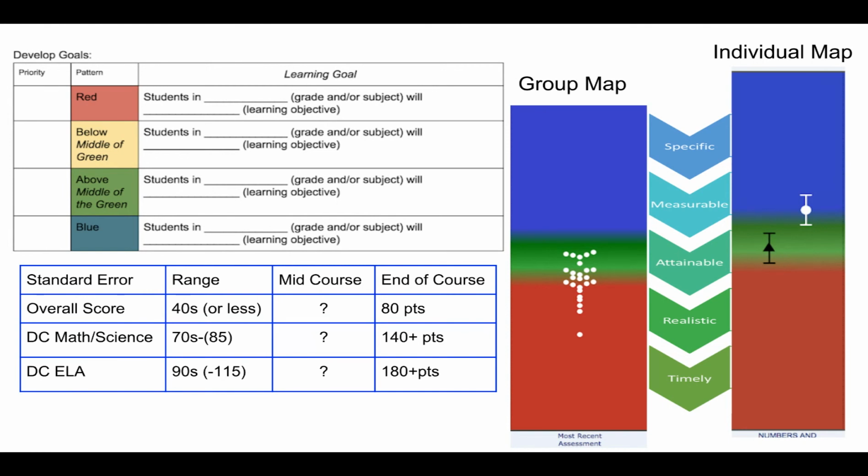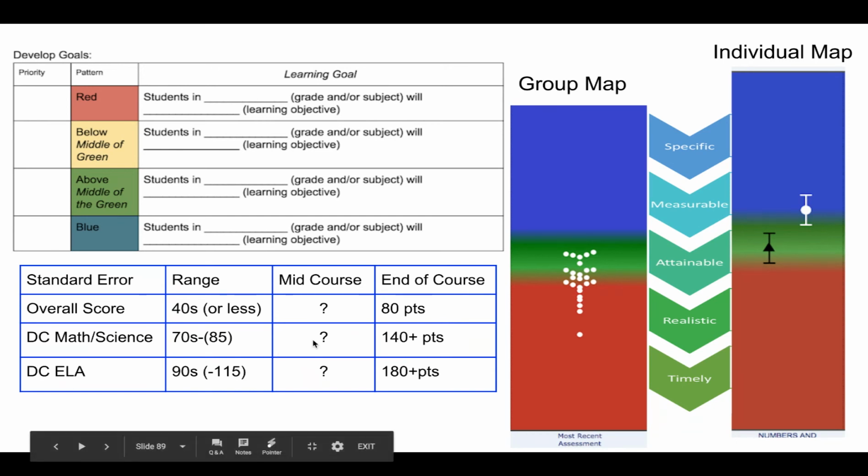So we know to see a significant change, this typically happens at the end of the course, the distance between the beginning and the end of the course, because there has been specific instruction to promote that change.